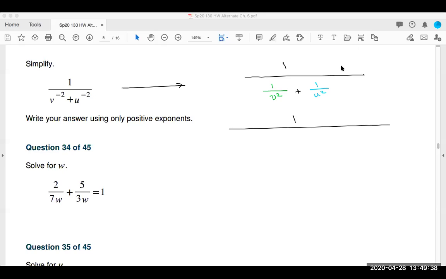For the bottom part, find the LCD. In this case, it's v squared u squared. So we're going to have v squared u squared plus v squared u squared, and then the missing factor for each.